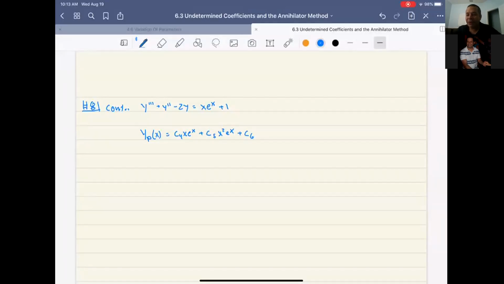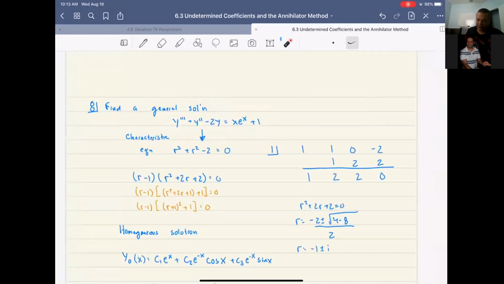All right, welcome back. So we are continuing with this problem. We're taking y triple prime plus y double prime minus 2y equals x e to the x plus 1. And we found a general solution, right? Not really yet.